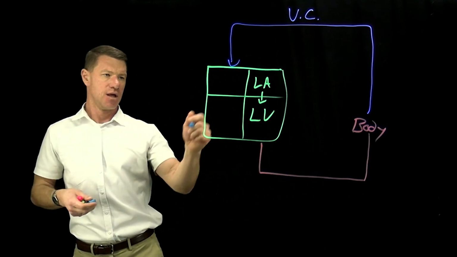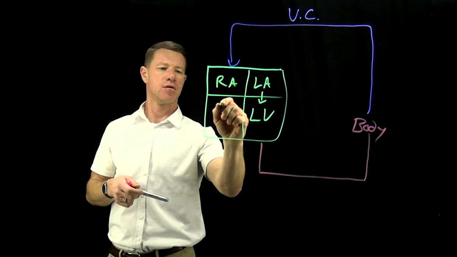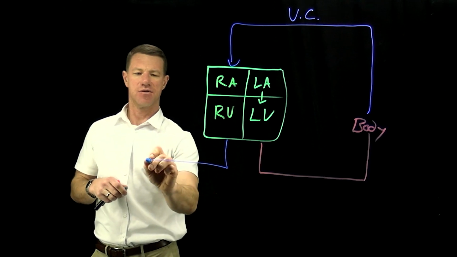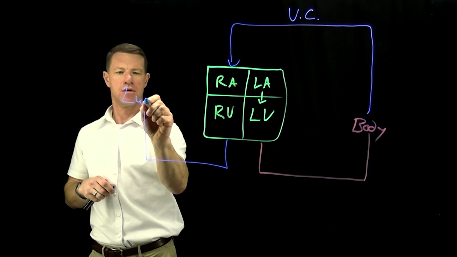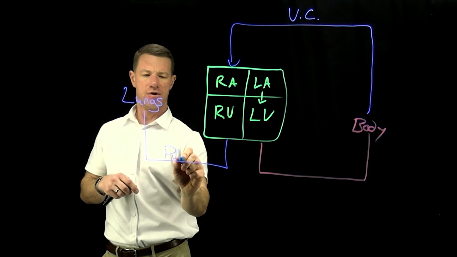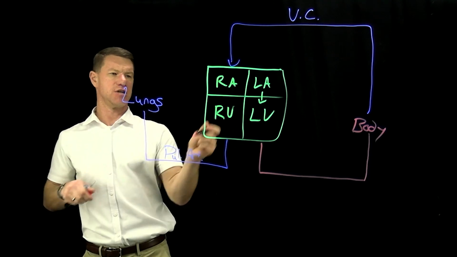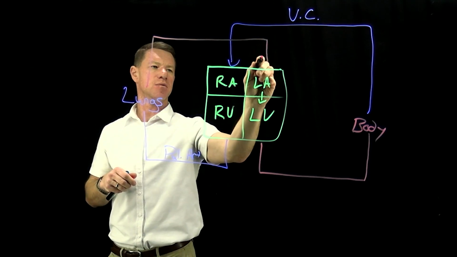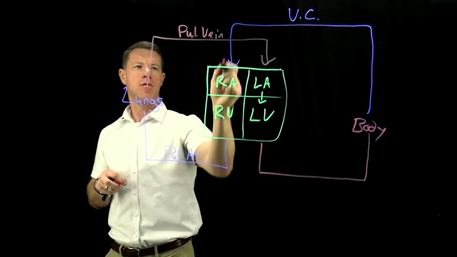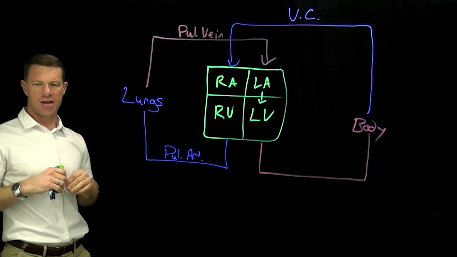Via the vena cava, back into the right atria, right ventricle, and that deoxygenated blood is then going to get pumped out to the lungs via the pulmonary artery, where gas exchange will occur, and we'll take oxygenated blood back via the pulmonary vein.